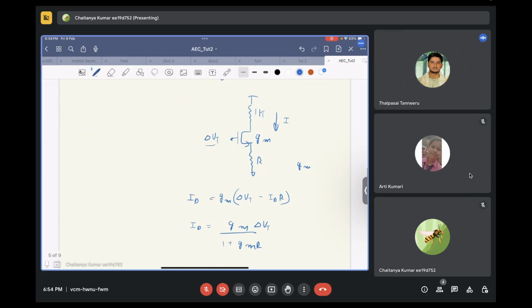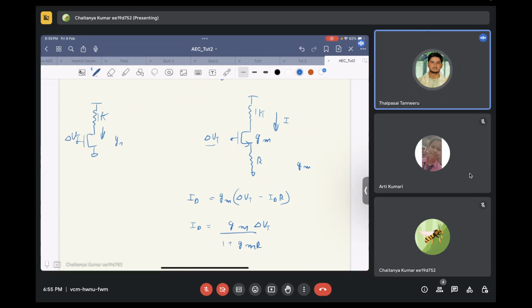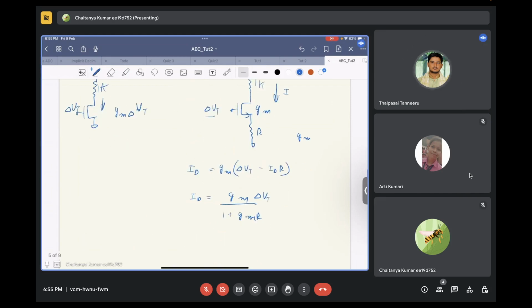Okay. In the previous case, when there was delta VT over here, what was the change in the current ID? GM into delta VT, sir. GM into delta VT. So can you see that if there is a mismatch between two transistors, here the current change is much less than the current change over here? Yes.